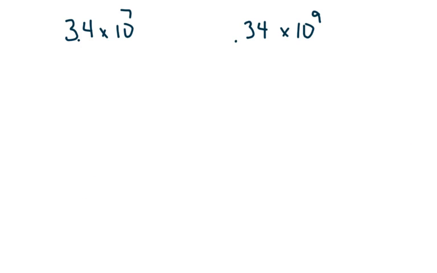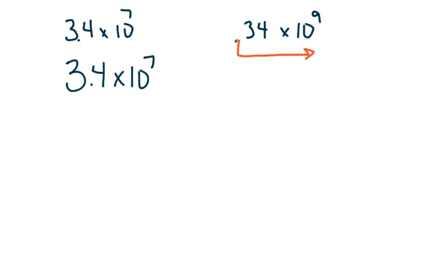So this is the same problem, 3.4 times 10 to the 7th and 0.34 times 10 to the 9th. So the first one is already in scientific notation. The second one is not. This exponent means I take this decimal point and I move it 9 spaces to the right.